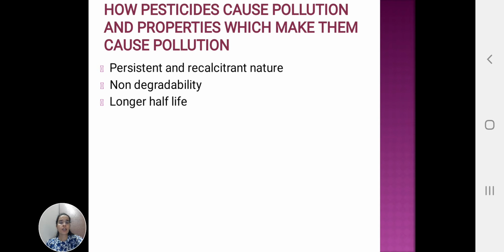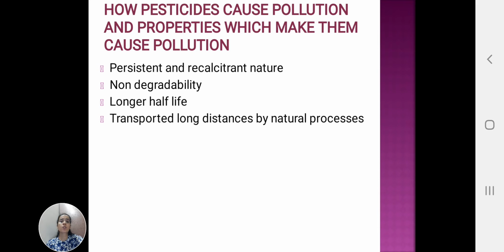Longer half-life, as sometimes even though they degrade, they have a very long half-life, thus existing in the different spheres of environment for many years. They are transported to long distances by natural processes like global distillation. They bioaccumulate in the food chain.